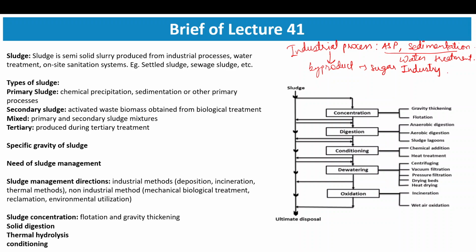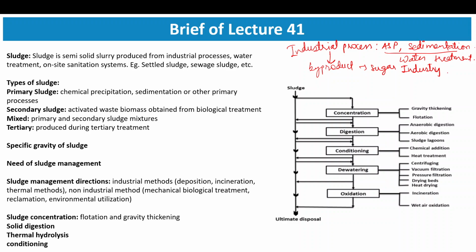Firstly, from sugar cane, the juice, the glucose or sucrose, is extracted in the form of juice, and whatever solid content remains also comes under the example of sludge. Okay, so any semi-solid slurry which might have different percentages of water, along with the presence of suspended and dissolved solids, is known as sludge.